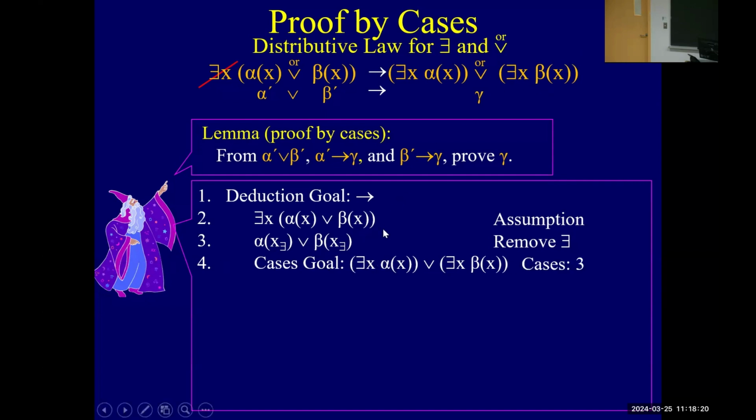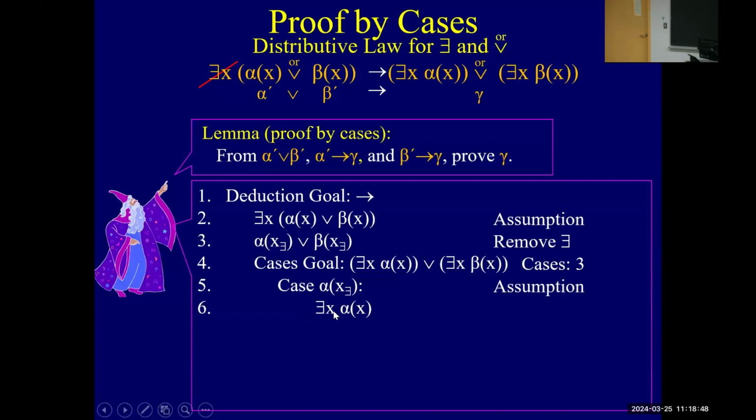So the first case is that we know that alpha is true for this object, right? If it's true for this object, then where do we want to get to? We want to get to this whole thing. So we have to build this piece first. We build this, and then we can build this. You have to think about the order in which to build things, right?